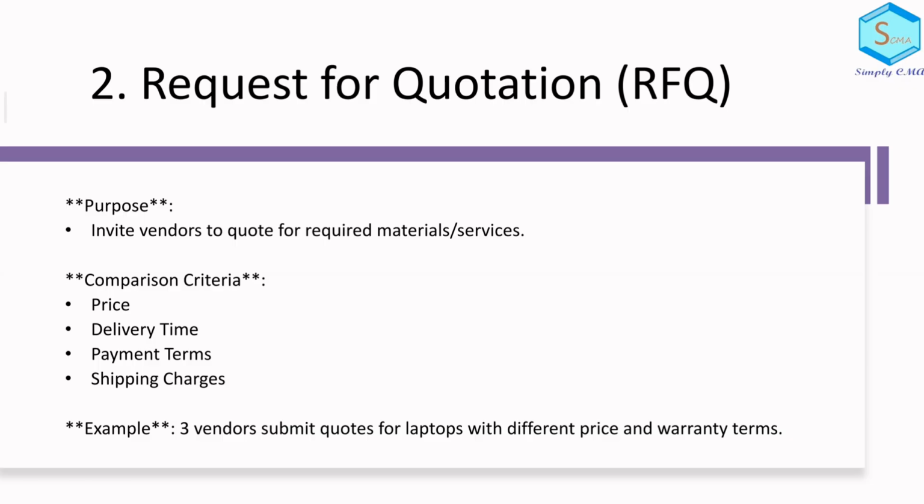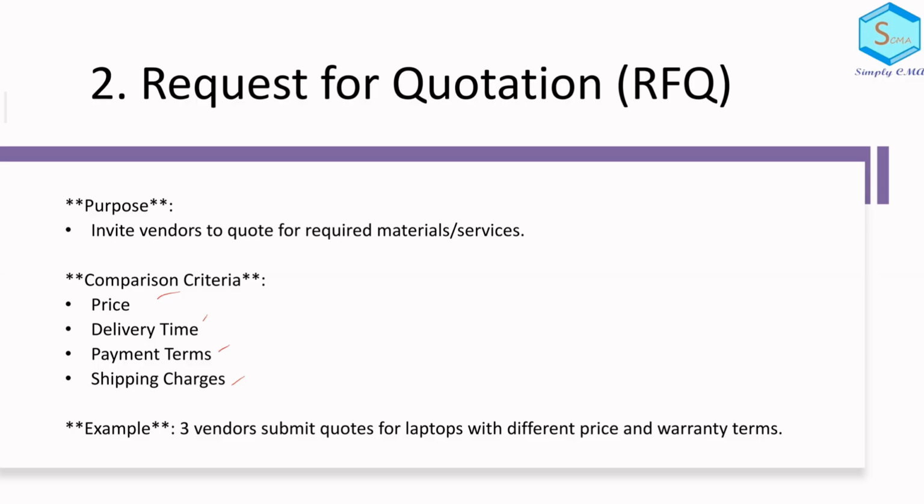Their role is to immediately request quotations from the suppliers or vendors. This encourages competitive pricing and ensures that the organization receives the best value. Comparing quotations involves not just cost but also delivery timelines, payment terms, shipment charges, after sales support, all these things.